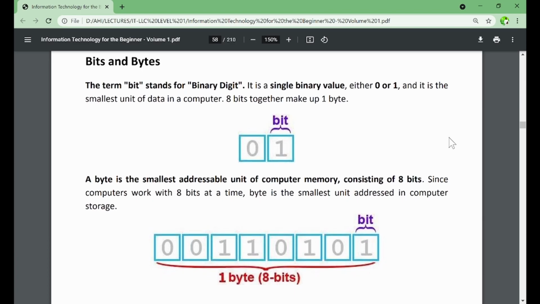We learned that computers operate in chunks of 8 bits, and so when data is being stored, we don't address the data as bits, we address the data as bytes. The reason is that when keyboard characters were being invented, it took 8 bits to be able to represent each keyboard character in human language or in human text.